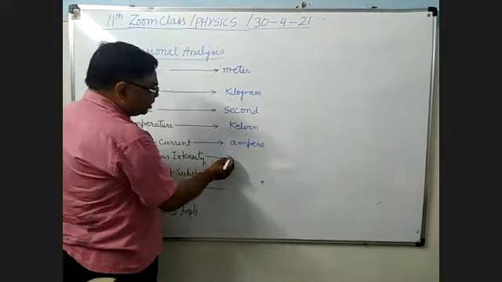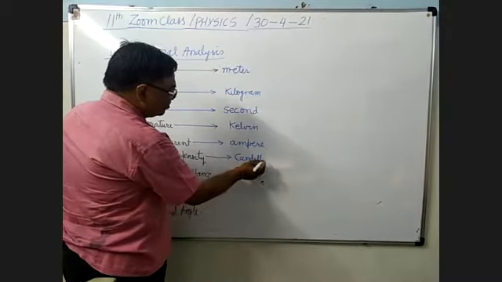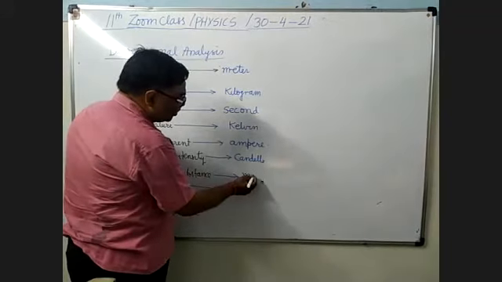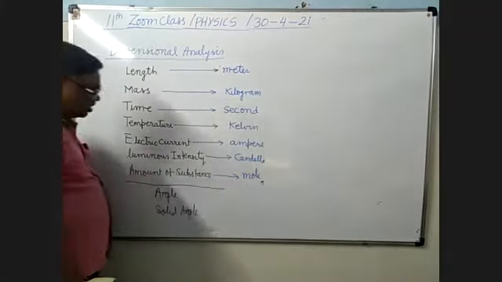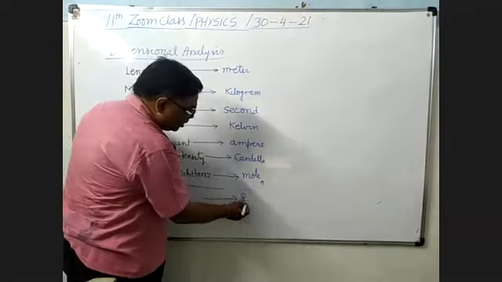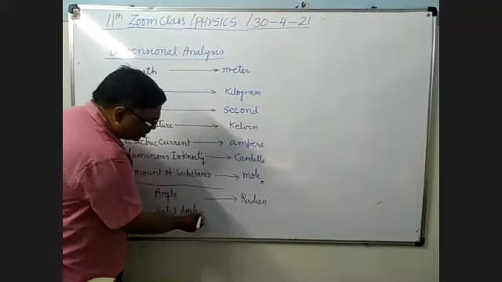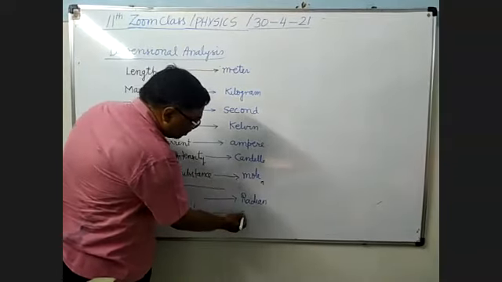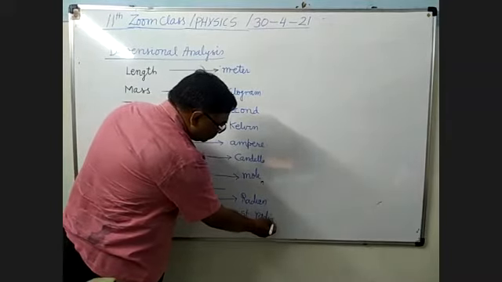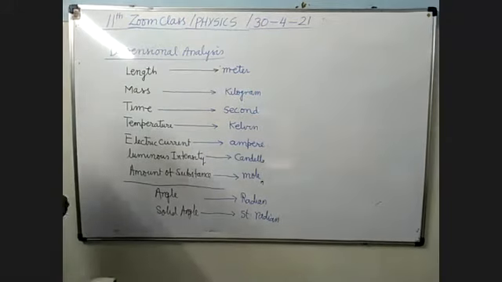Luminous intensity, candela. Amount of substance, mole. Then for angle and solid angle, the units are radian and steradian.